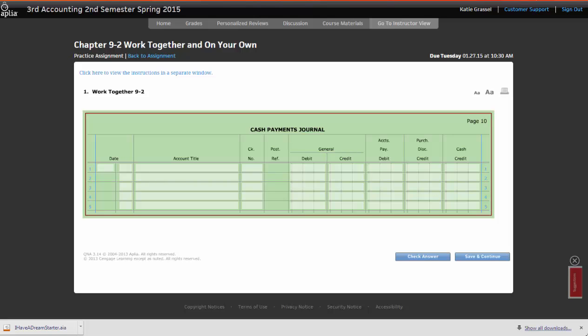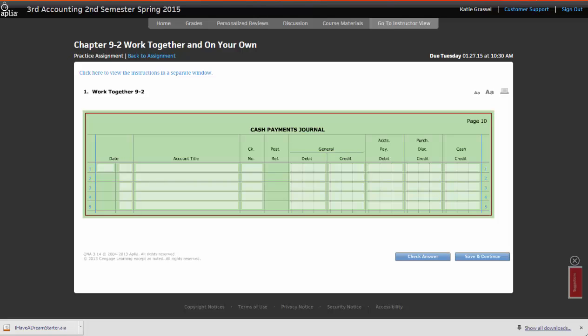You are so used to saying accounts payable, Don's Quality Market, and then throwing it in the general column. If you do that in this chapter, you're going to lose a bajillion points. And that's a lot to start the semester, and I don't want you to lose those points. We'll recover, but instead of writing the words accounts payable, I need you to use the column accounts payable. And that's going to help us when we go to posting for the next chapter.